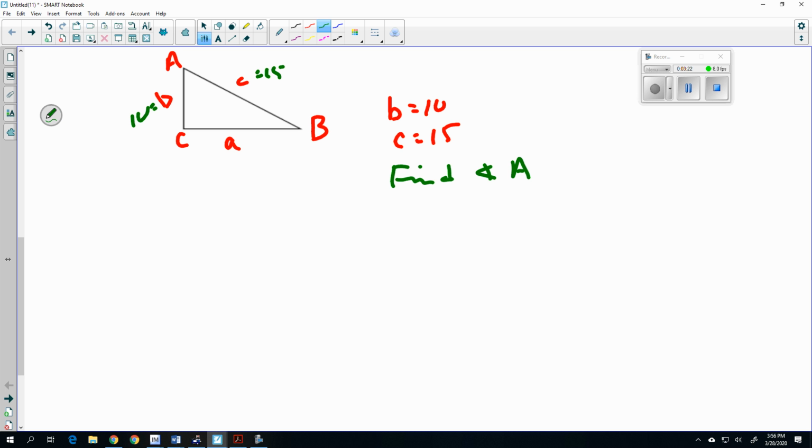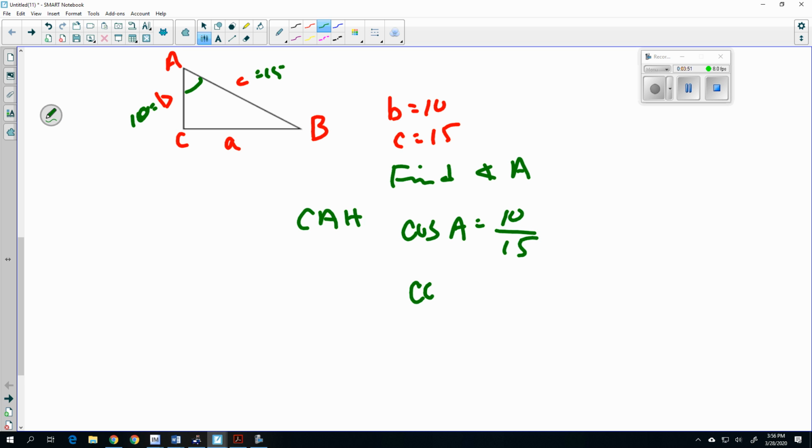So I look between the 10 and the 15. It should make sense that the hypotenuse is 15. It's longer than the leg B, which is 10. So look at the relationship. So I know I'm going to use SOHCAHTOA. And because I have a hypotenuse, it's narrowed it down to sine or cosine. But according to angle A, I know the side adjacent. So the side adjacent and hypotenuse is cosine. So the cosine of angle A is equal to the side adjacent over the hypotenuse.